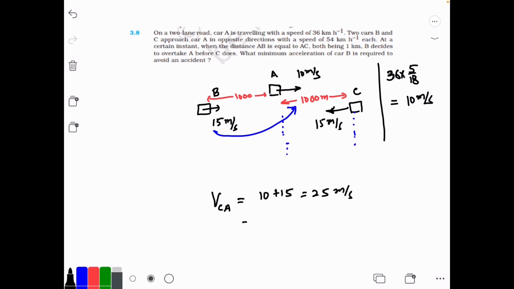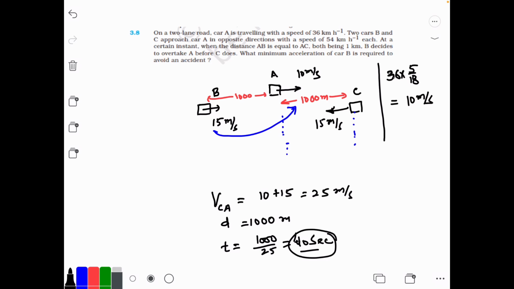This distance is 1000 meter, and how much time will it take? It will be 1000 divided by 25, it will be 40 seconds. So in this 40 seconds, B has to cover this distance to avoid the accident.